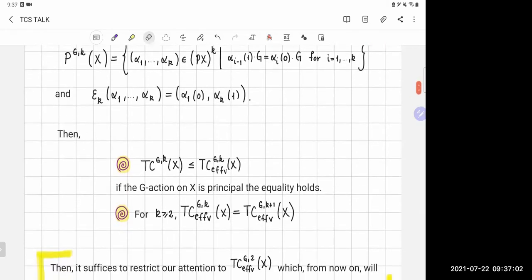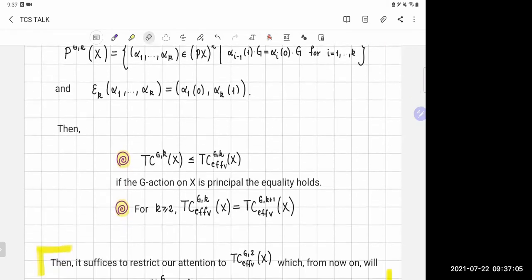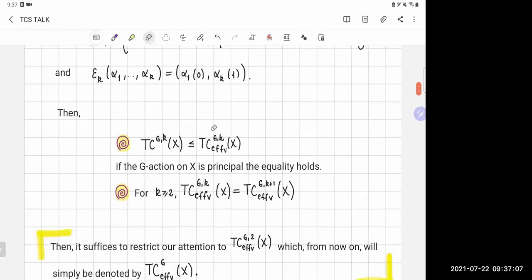We have here some properties. This property tells us that our effective TC is greater or equal than the effective TC of Kaluba and Blasinski. And if the G action on X is principal, the equality holds.